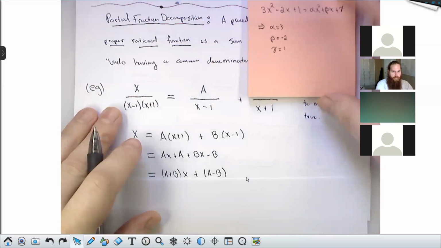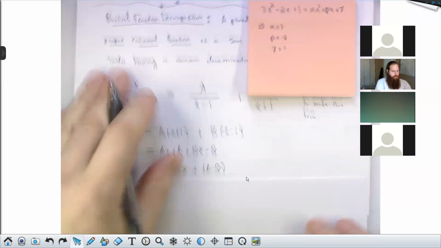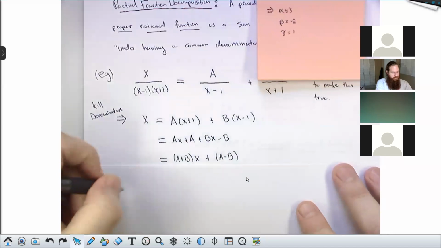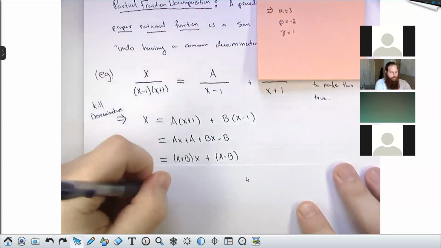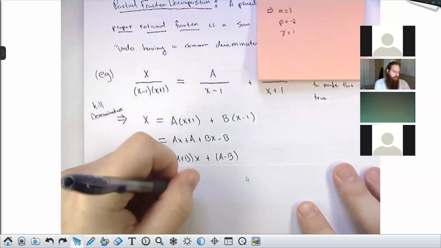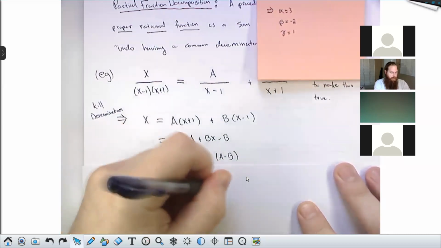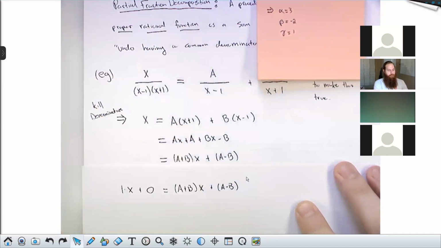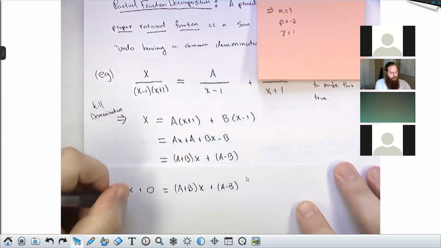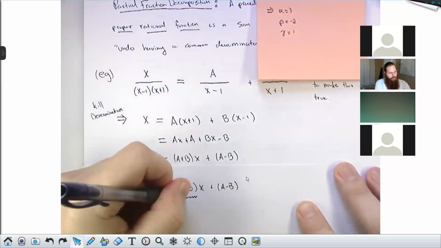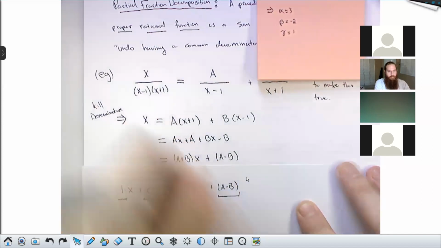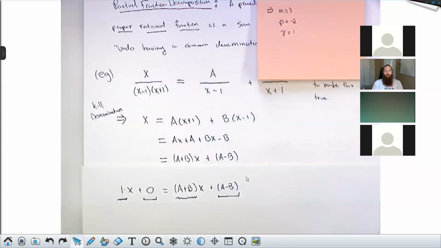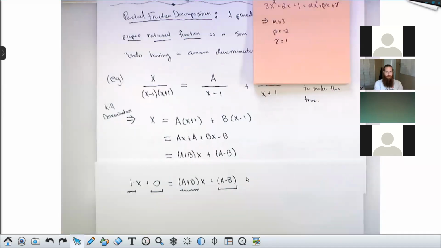Well, very, very similar to that, what I have here is, let's look at that left-hand side. That's 1x plus 0 equals a plus b times x plus a minus b. So 1 has to be equal to a plus b. And 0 has to be equal to a minus b. It's the exact same thing. Everybody see it?